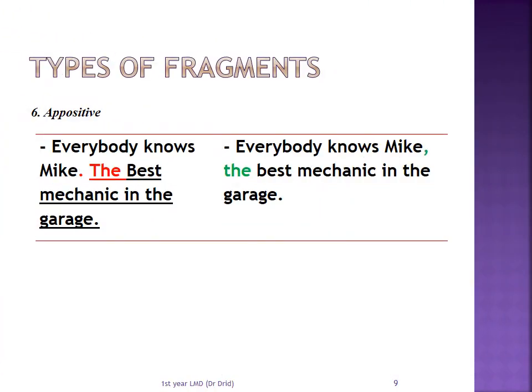Next, we have the appositive. Everybody knows Mike. The best mechanic in the garage. Here, the appositive is the best mechanic in the garage. The appositive is part of a sentence which gives more information about a previous noun.